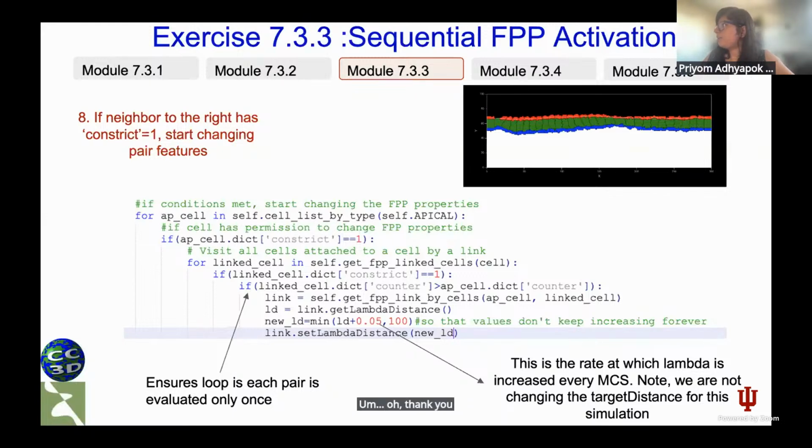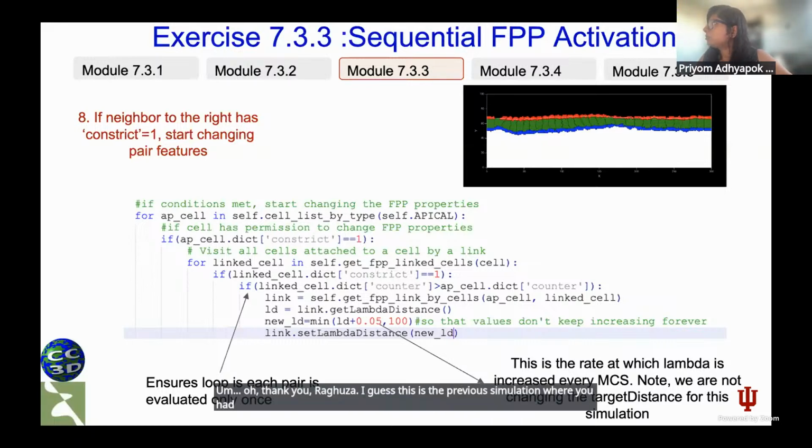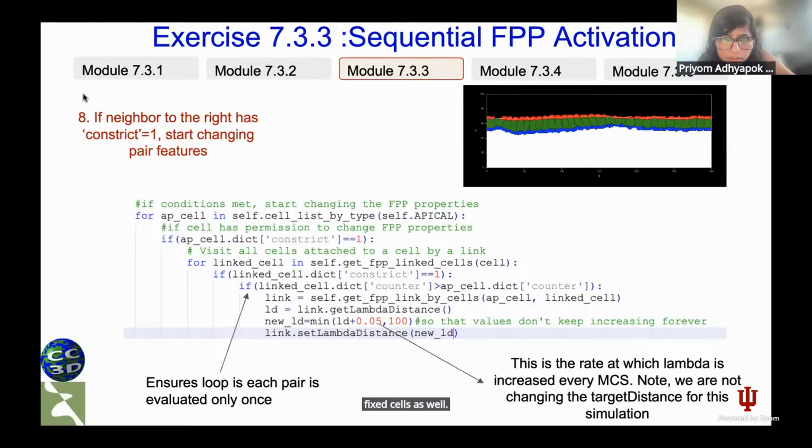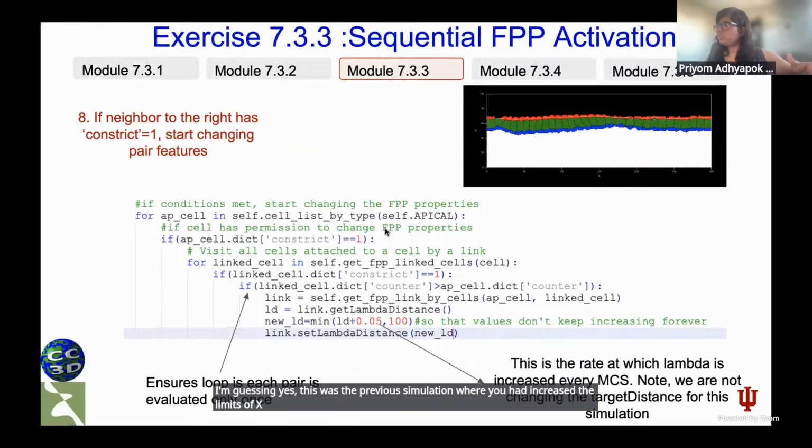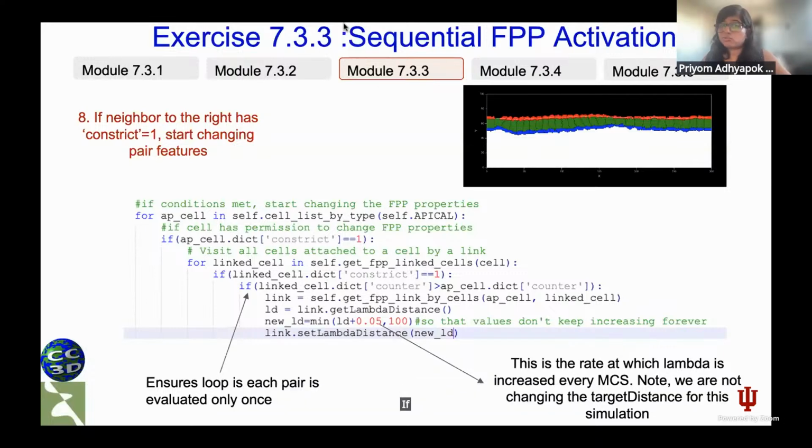So I'm guessing this is the previous simulation where you had increased the limits of x to be covering a larger distance. If that's correct, this looks great.